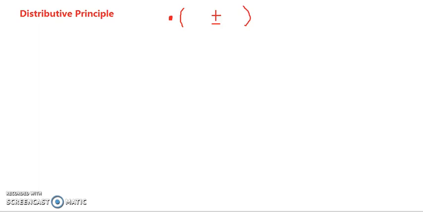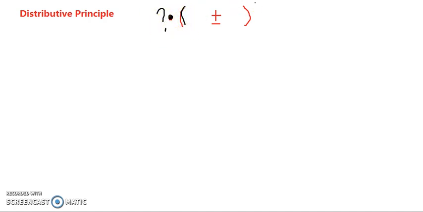As we discussed in the previous video, we must have two operations. One is a multiplication. The other is plus or minus inside the parentheses in order to use the distributive principle. So just like something, we have something, and this has to be times.